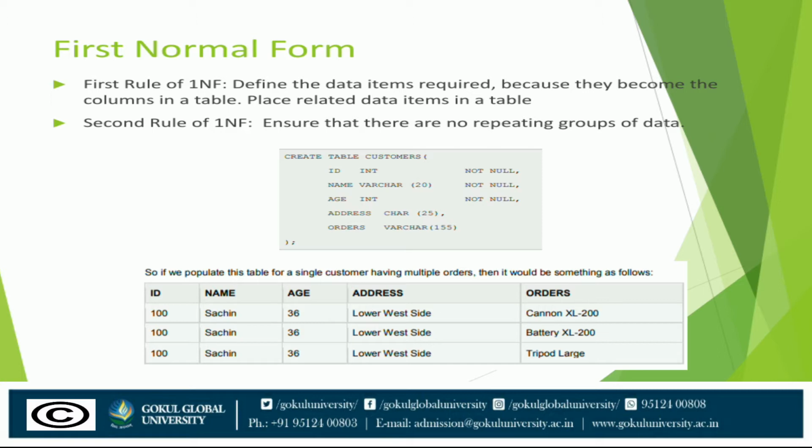Now, here we see the first rule of normalization, we ensure that data items become columns in a table. For that, place related data items in a table. Now, second rule of 1NF. In the first NF, you must define the data items.